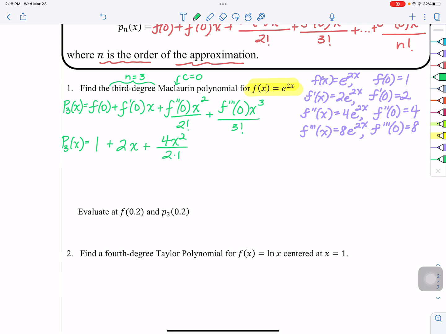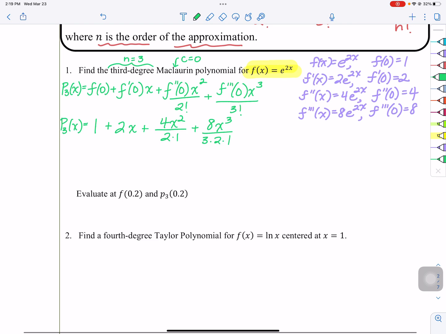I'm going to write that as 2 times 1, plus 8x cubed divided by 3 times 2 times 1. Now we can go ahead and simplify, and we end up with 1 plus 2x plus 2x squared plus 4/3 x cubed.